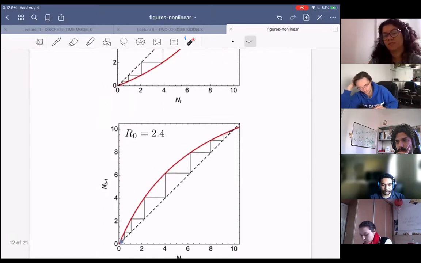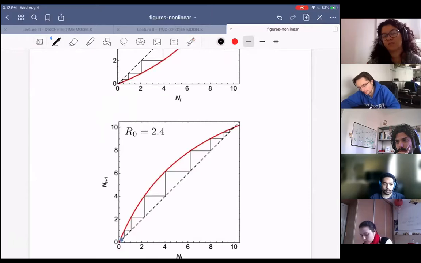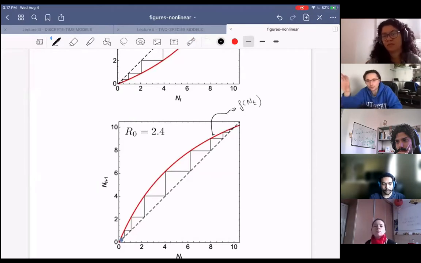And if I go with a different R0, it's the same that I showed you before, but with a more clear scale. So remember that this red line here is basically f of n_t. I always plot my growth rate, and then I plot the 1-to-1 line.